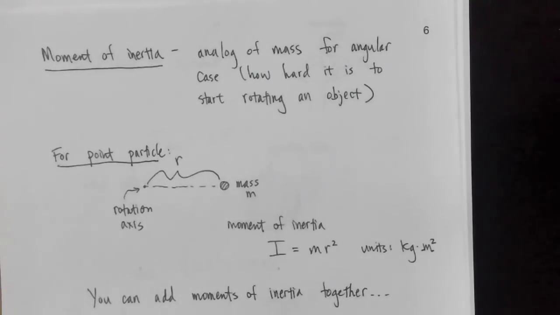Angular momentum is just I times omega. In one case I is big, so omega is small. In the other case I is small, so omega has to be big. Okay? You got that? We'll repeat that when we talk about angular momentum in just a minute.